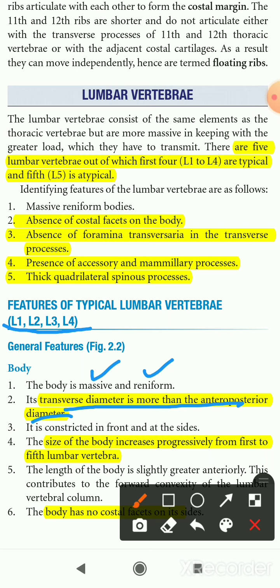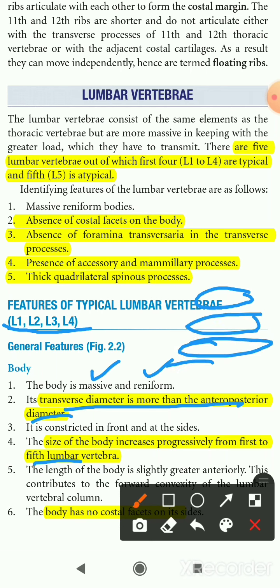Number 3, the size of the body increases progressively from 1st to 5th lumbar vertebra. That means the first lumbar vertebra will be a little bit smaller, the second will be bigger, the third bigger still, and the fourth bigger again. And the body has no costal facets on the sides, so it is devoid of costal facets.